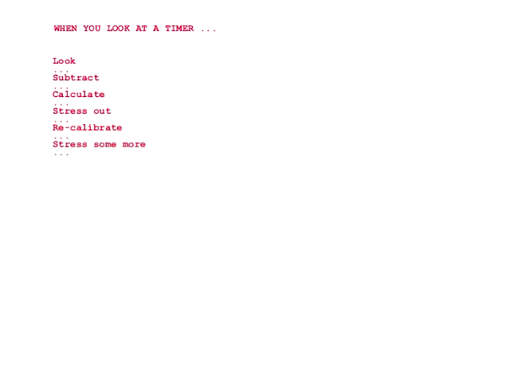When you look at a timer, it's not just that you look at a timer. You look at it and subtract times and calculate things, and then you stress out about it, and then you recalibrate other timing, and then you stress out some more, and then you have to try to refocus.